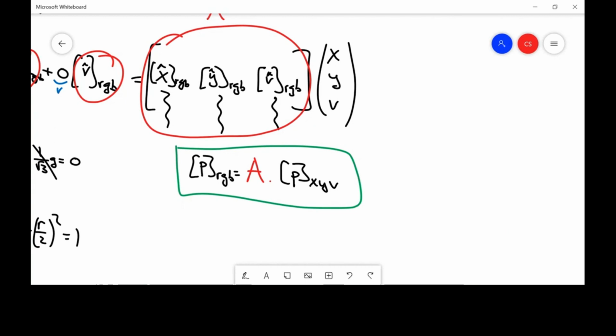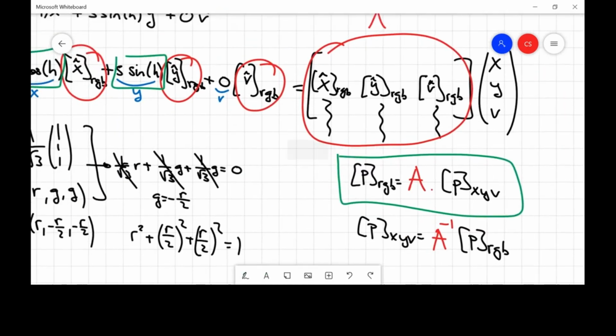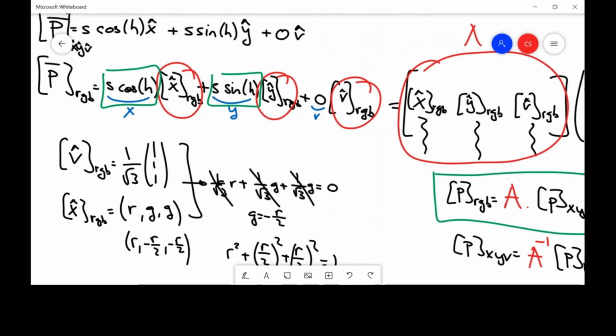But you can also do it in the other direction. If I want to go from RGB to HSV, I can invert this one. So I can say P at XYV is A minus 1 times the RGB. This matrix is invertible, so I can take this coordinate, translate it into XYV, and then once I am in the plane, I simply compute the polar coordinates.